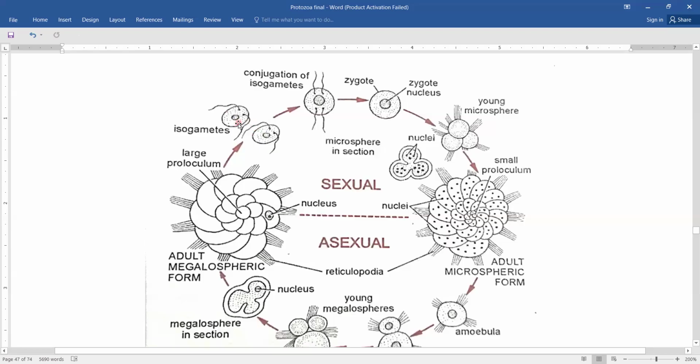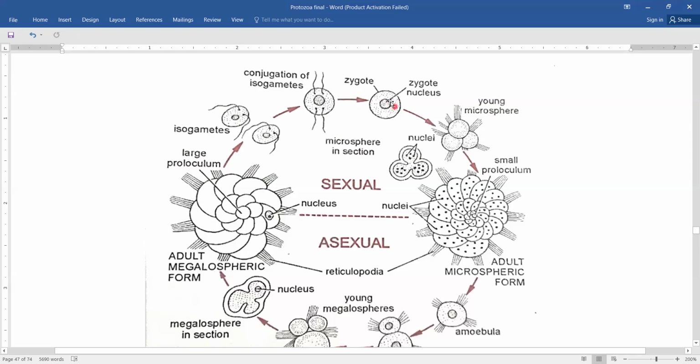These gametes are released into the water, and fertilization takes place. This is called isogamy because both gametes are the same in structure. Due to isogamy, the diploid zygote is formed.